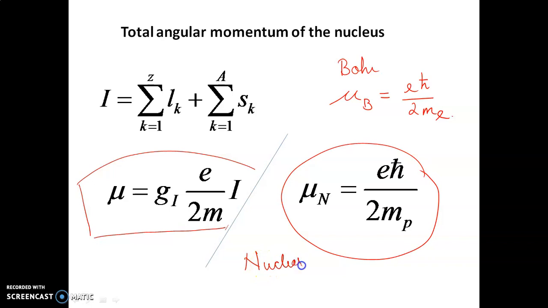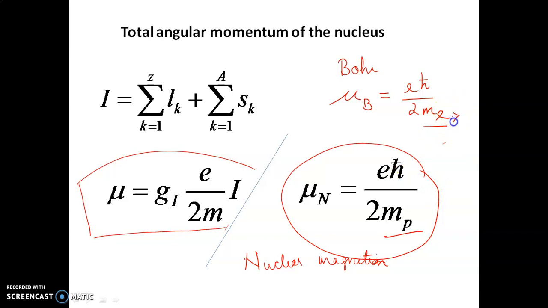nuclear magneton, not magnetron, not Bohr magneton. The only difference here is that instead of the electron mass, we have the mass of the proton. So obviously, guess which will be greater? m_e is small.